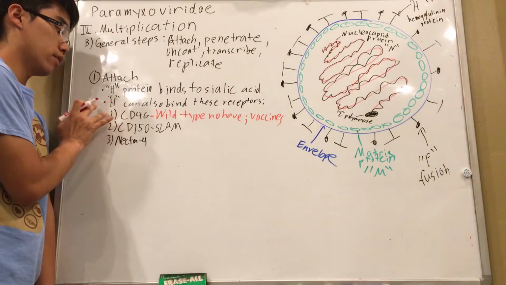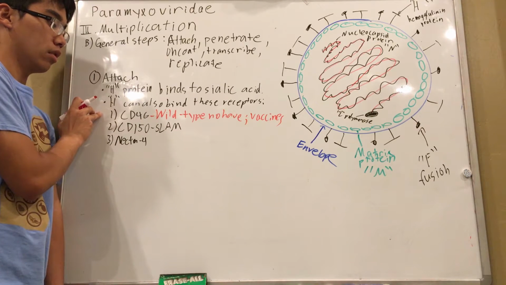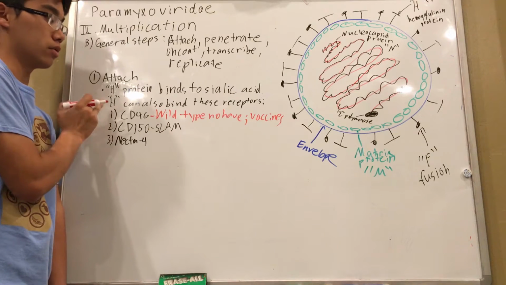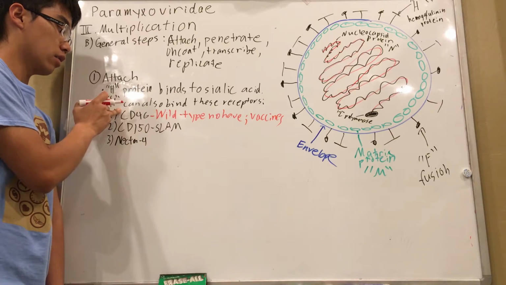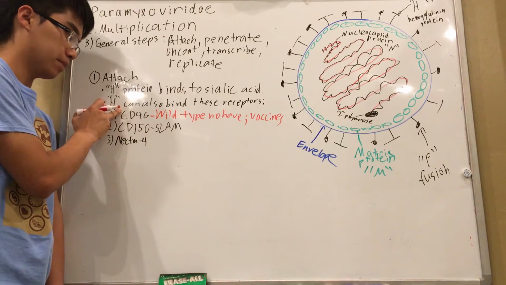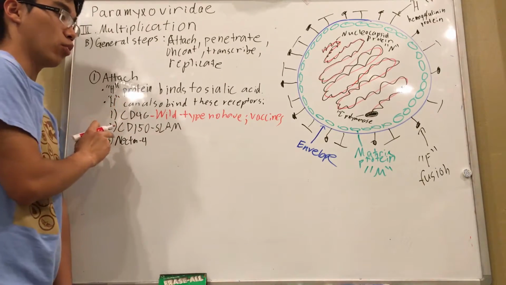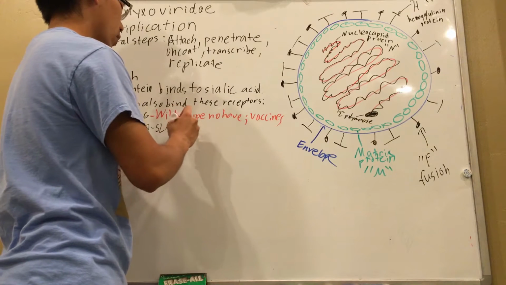What's important is that when we make vaccines for something like measles, mumps, and rubella, we have a different lab strain of measles or mumps, rubella, whatever Paramyxoviridae, that can bind CD46. So that's why CD46 is important. But the wild type of something like measles, it binds to these.